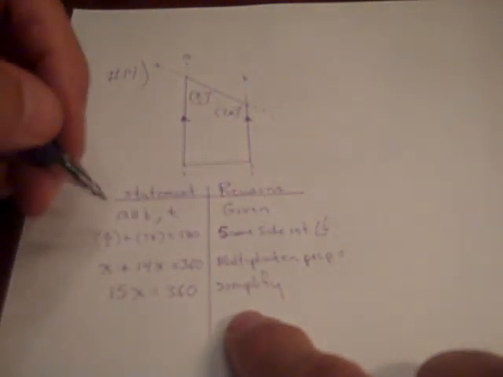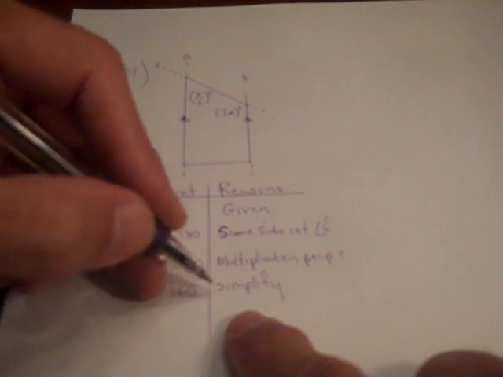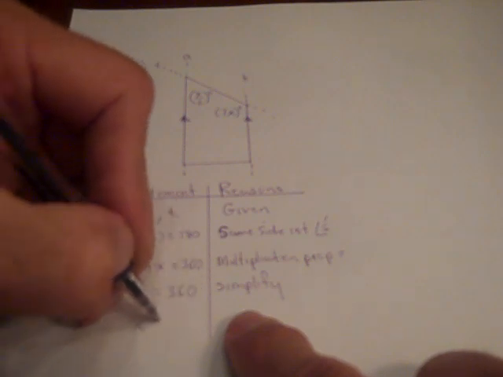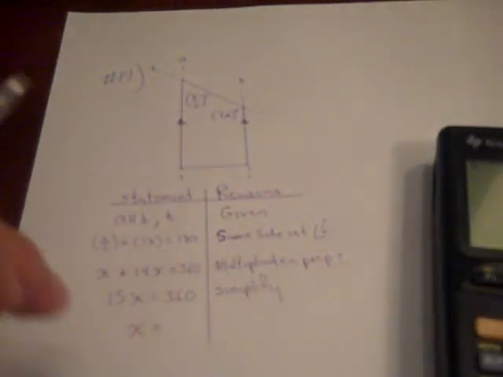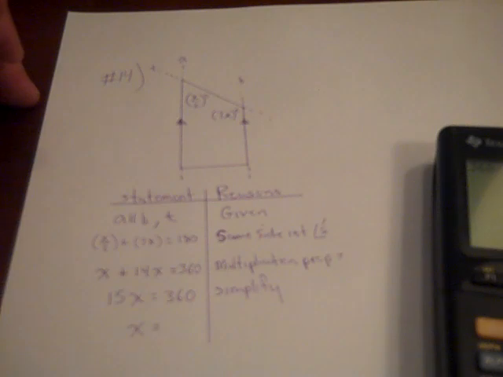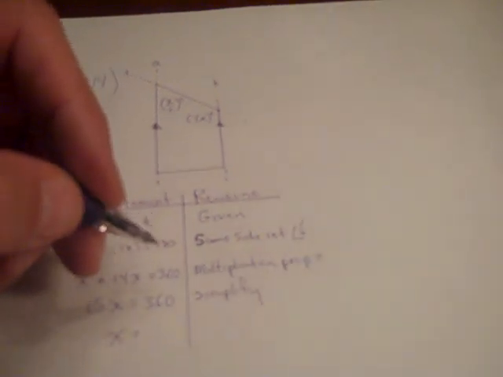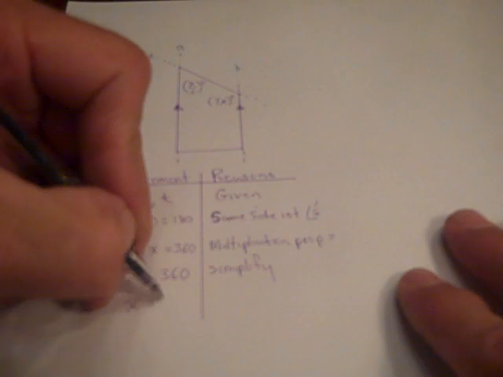Then if I solve for x, I'm going to divide both sides by 15, which gives me a value for x. 360 divided by 15 is 24, so x is equal to 24.